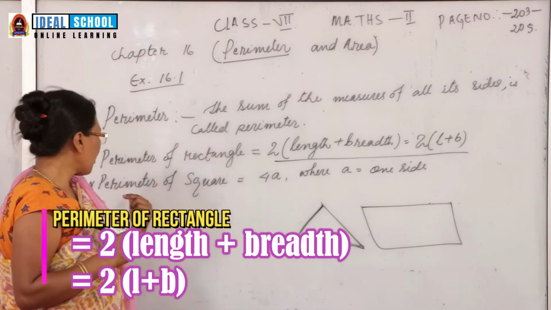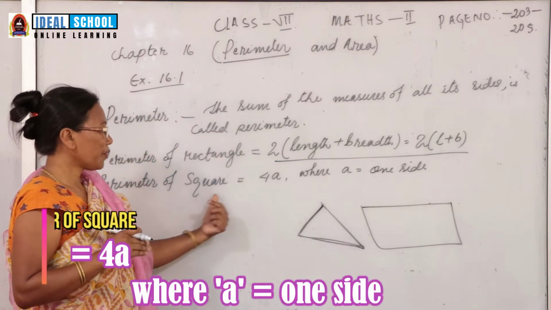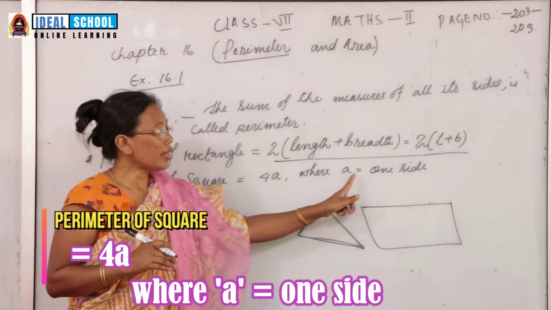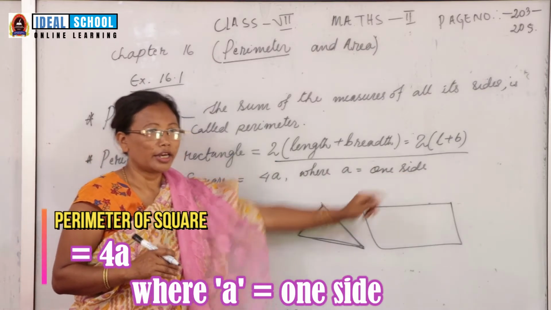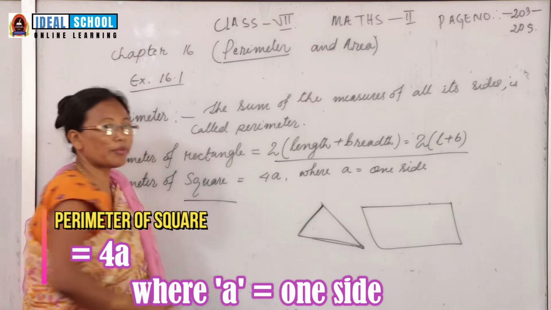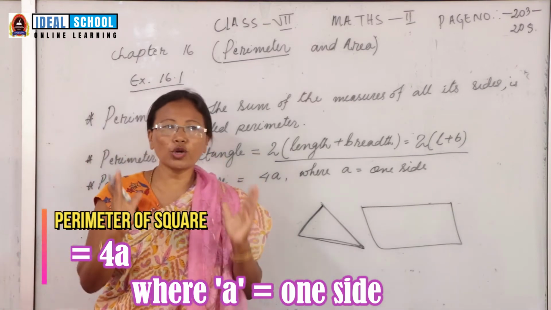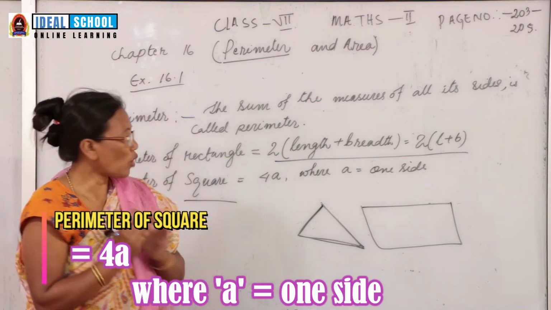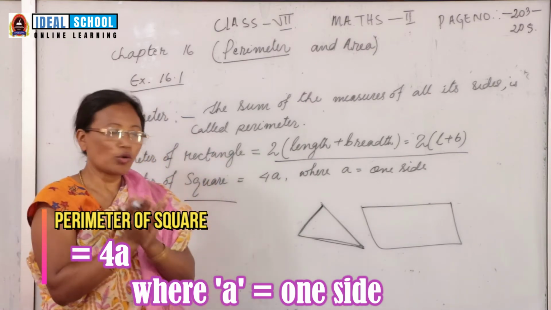Next, perimeter of square is equal to 4A, where A is equal to one side. Square means all four sides are equal in length.